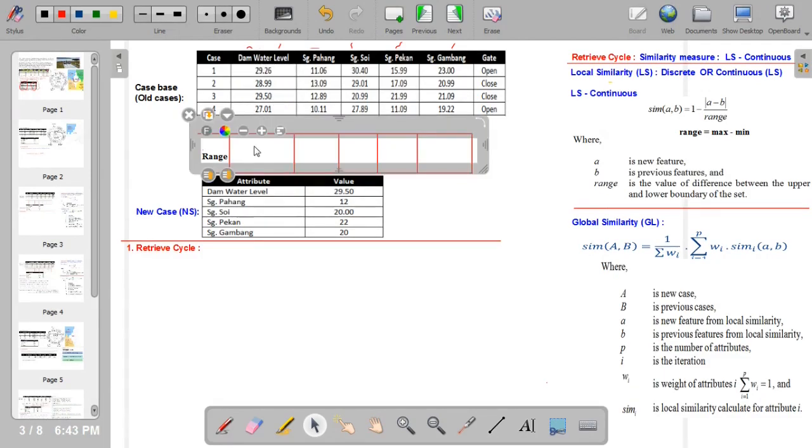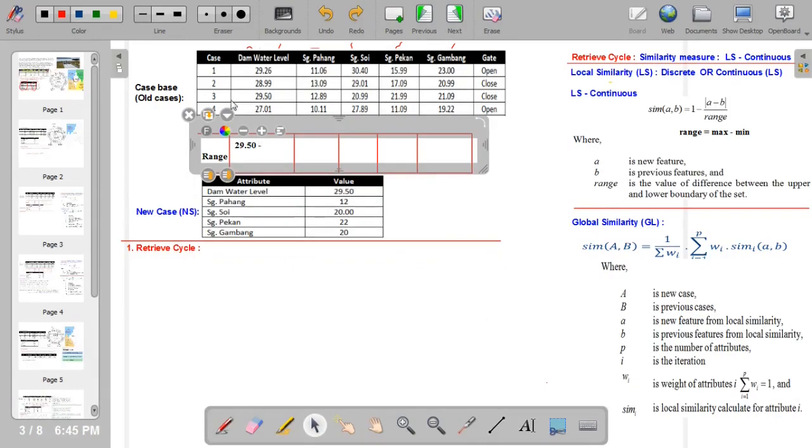So what is the maximum value here? If we look, among these values here, what is the maximum value of the dam water? If we notice, the maximum value, 29.50, right?